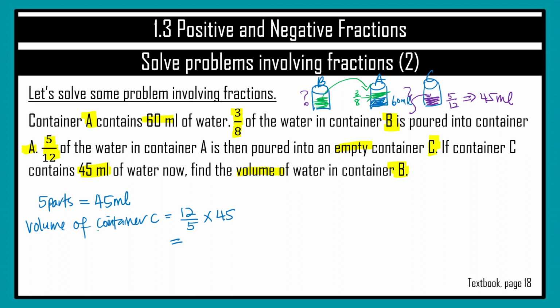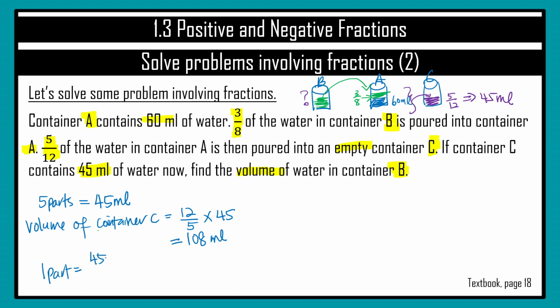Or how about if we do it like this? Let me explain. You can also do it like this. I know 5 parts of the water is 45 ml. So how much will be 1 part?